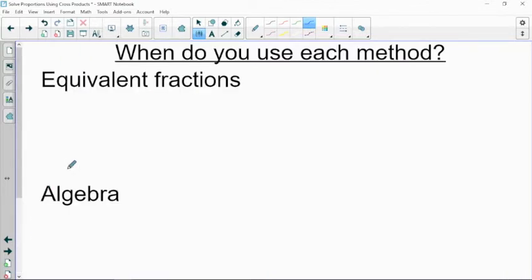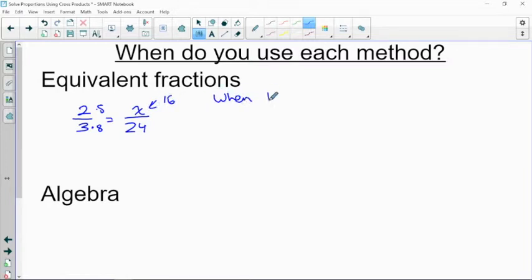Okay, so when would you use the different methods we've talked about? Equivalent fractions, turning 2/3 into x over 24, is a good time. Multiply by 8, you get 16.